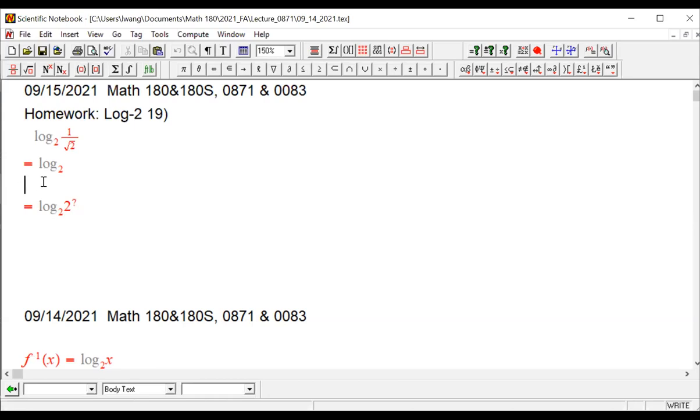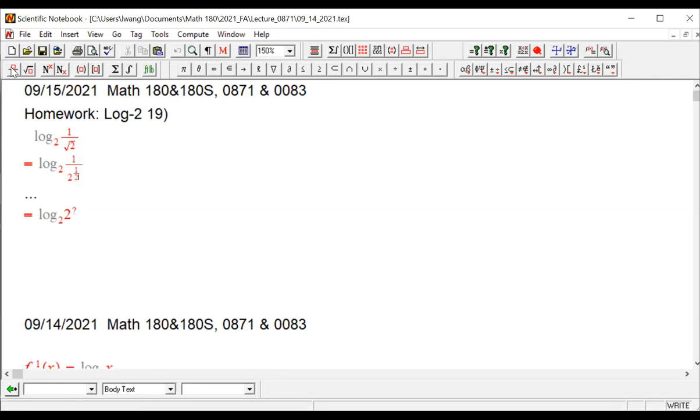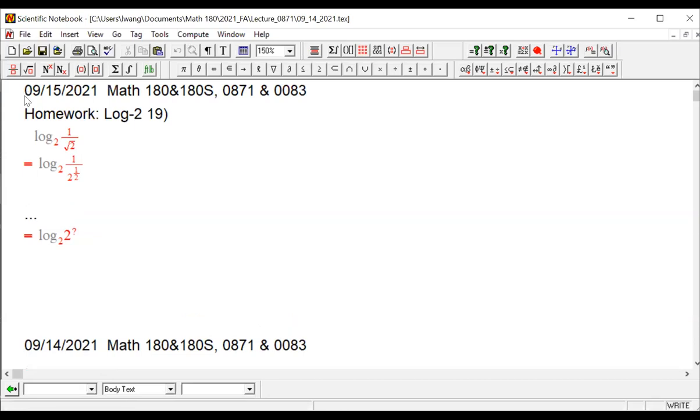This is one way to do it. So the first way is that you just work it: this is 1 over root 2, right? And square root of 2 is 2 to the power of half, yes? And then what?